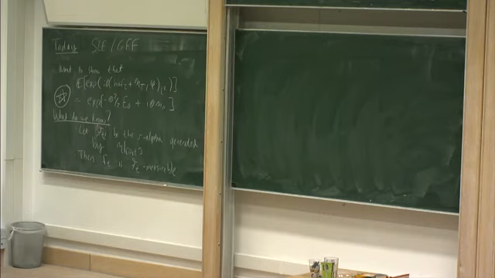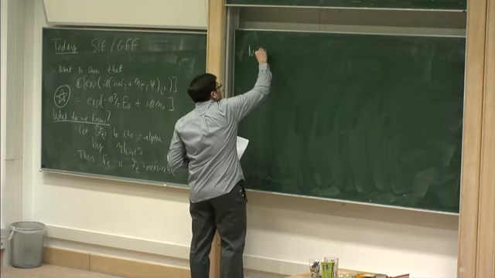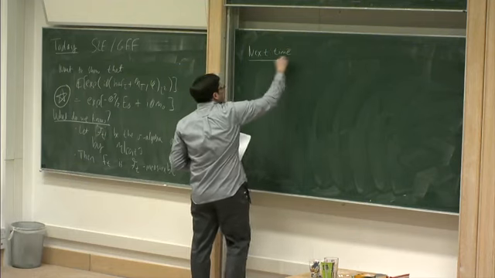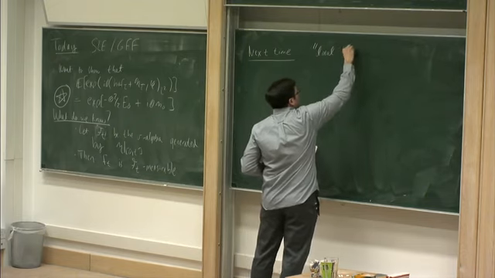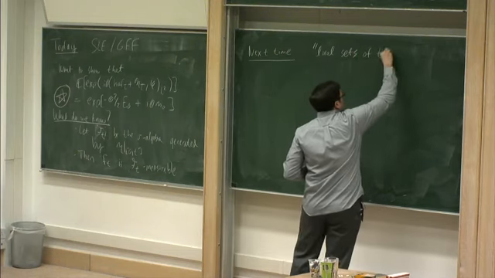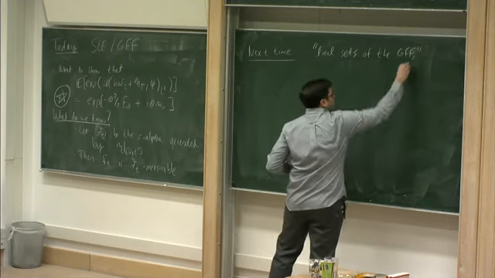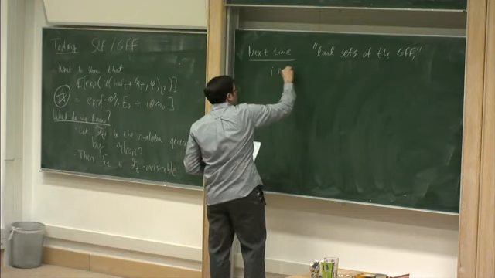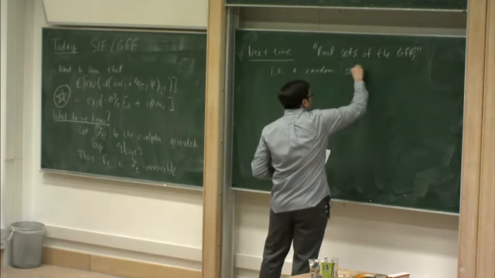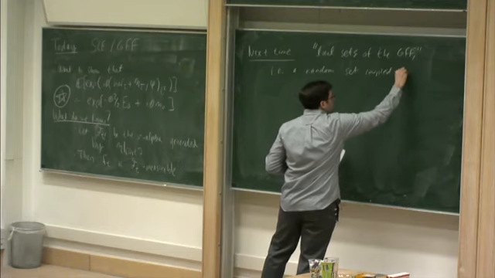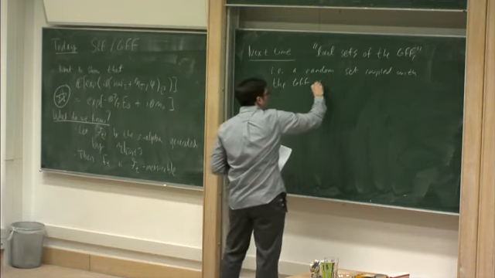What we're going to look at next time is a theory of what are called local sets of the Gaussian free field. Basically, a local set is a random set, or possibly random set, coupled with the Gaussian free field that satisfies the Markov property.